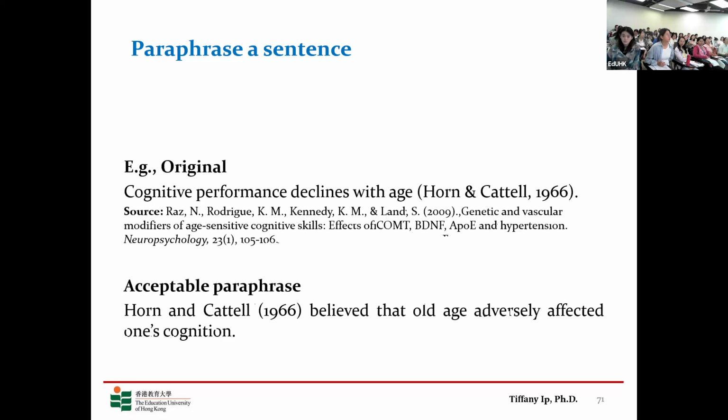It became older, comma, he or she or they might, we don't want to make it very definite. They might, all right, we're not offending anyone. They might have a worsened performance in their thinking processes.